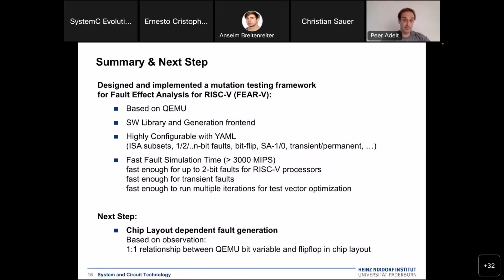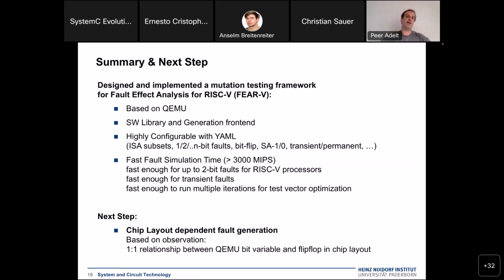It's highly configurable with YAML files, and in those YAML files you can specify, for example, which instruction set architecture subsets or modules are about to be simulated or are available in your test hardware. For example, you can then specify whether the virtual QEMU CPU should support floating point instructions or not, whether it should incorporate privilege levels like machine and user modes and so on.